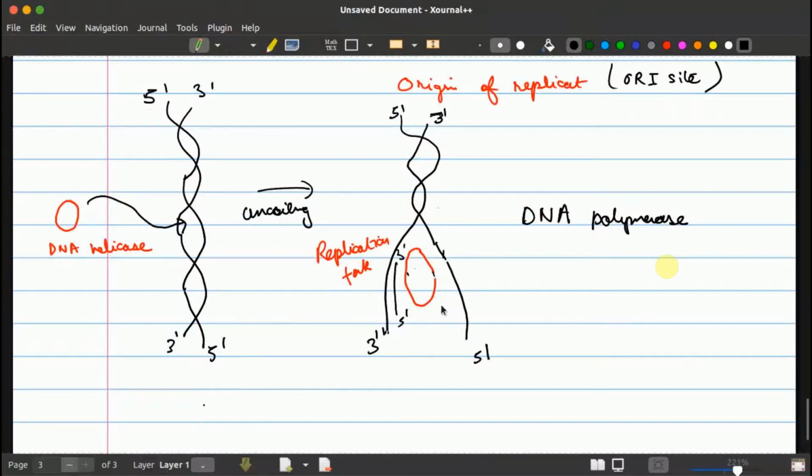prime sort of structure. So what happens is that it does something very smart. It makes 5 prime to 3 prime for a short step, goes back up, 5 prime to 3 prime for a short step, goes back up, 5 prime to 3 prime for a short step. It does it in a staggered manner.